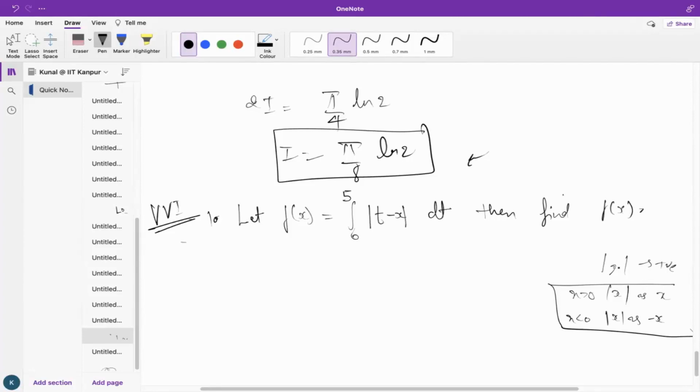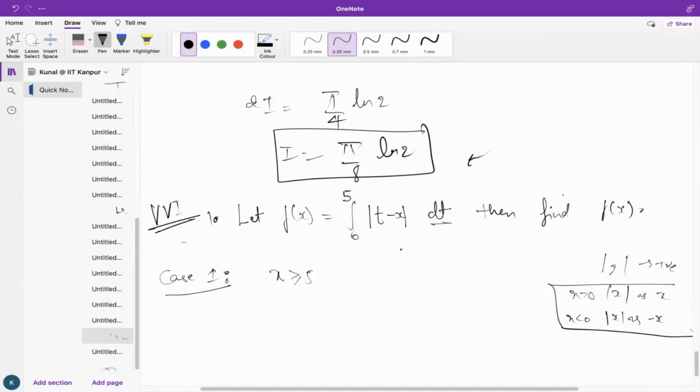So we have to look at the property of mod and how to approach this question. So let us think here. We have to integrate it from 0 to 5, right? So let's take the cases here. Case 1, right? What if our x value is greater than or equal to 5? Like, what if the x value is like 6, 7, or 8? And whatever we get in the integration, we have to substitute in t because our elementary element is dt, right?